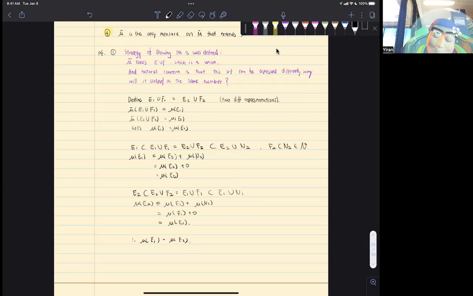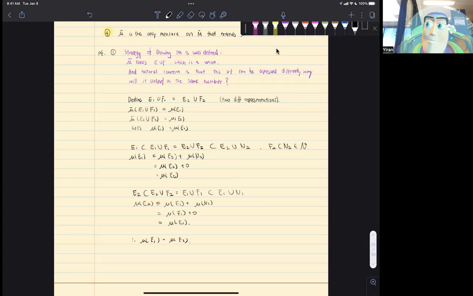Okay, so we have mu of E2 is going to be smaller than or equal to the measure of E1. Right, so together we obtain mu of E1 is equal to mu of E2. Hence mu bar is well defined. Okay, so if you recall, the next thing we need to show is that mu bar is a measure.